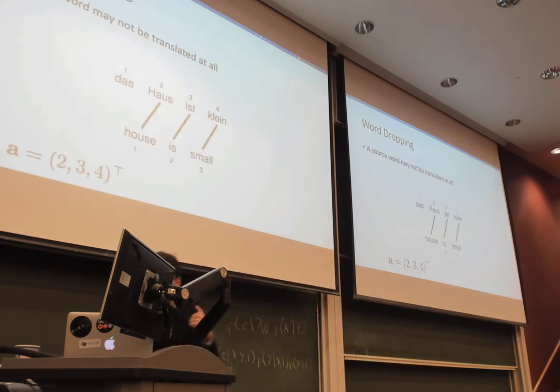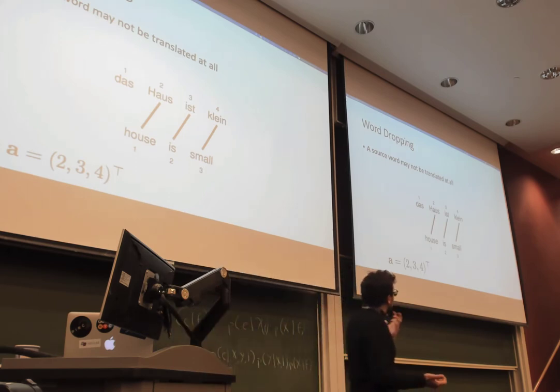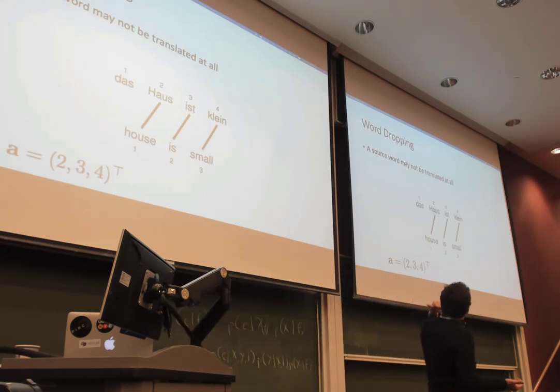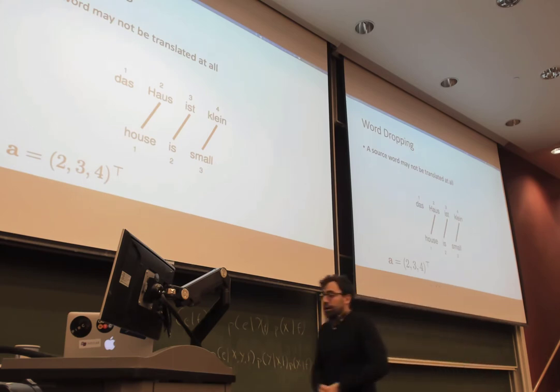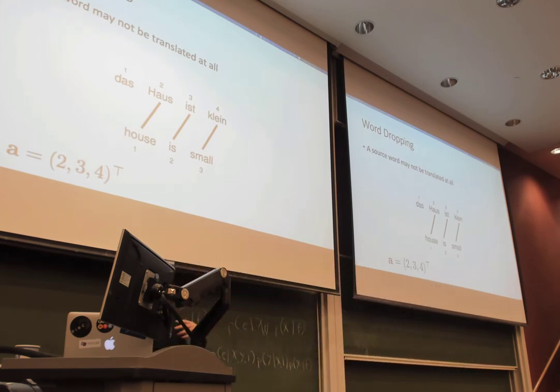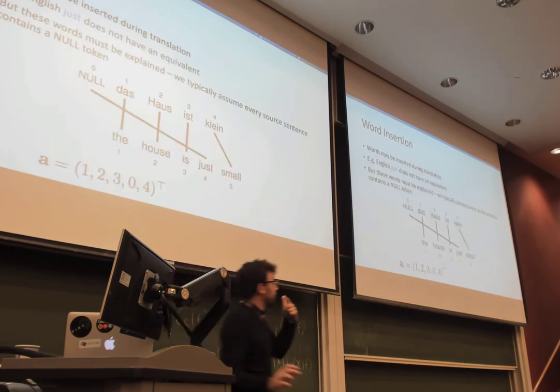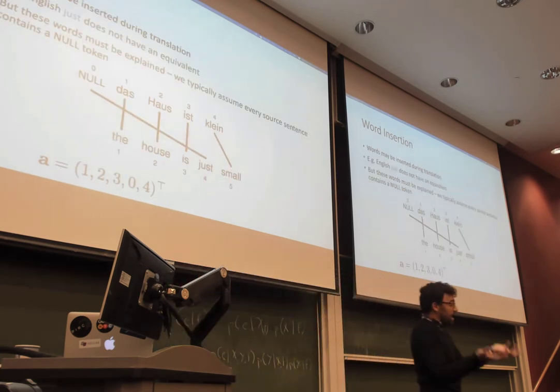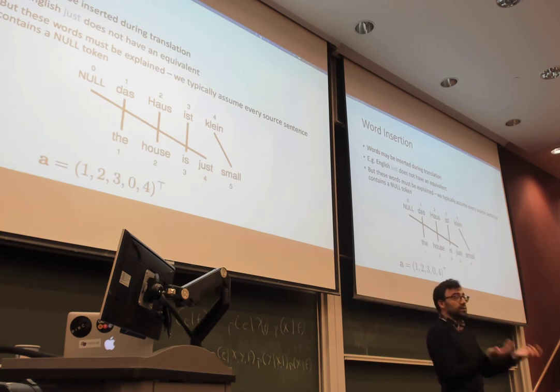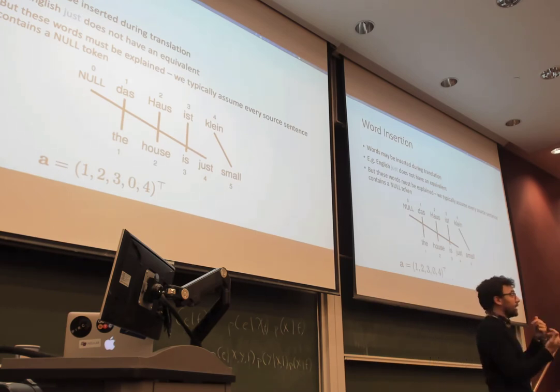One more thing is that you might not want to translate one of the source words, okay? And hence you might drop some of them. Or you might have the opposite, that you might have a word that needs to be there in the target, in the sentence that you generate, that doesn't really align to any of the words.